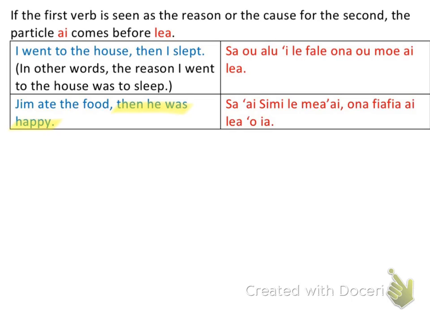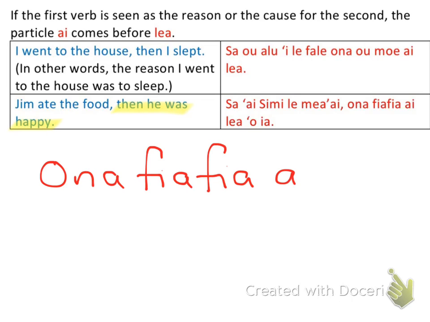Again, I'm starting off with ona. Then he was happy. If I wanted to, I could do a descriptive pronoun or an emphatic pronoun. I'm going to switch it up and do an emphatic form. So I'm going straight to my predicate, which is fia. Then, before I put my leia, I'm putting an I there to indicate to the person the first verb was the reason for the second.